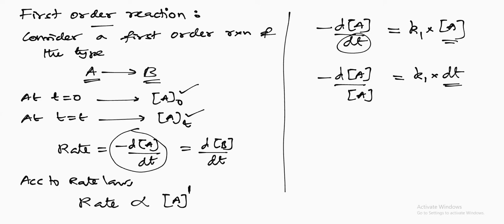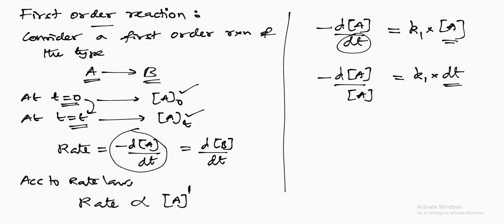But in this reaction, we are making the change from time 0 to time t. This may be 10 minutes or maybe 5 minutes, whatever it may be. So we are allowing the reaction to progress from time 0 to some time t. So we need to find out what is the total change in the concentration.